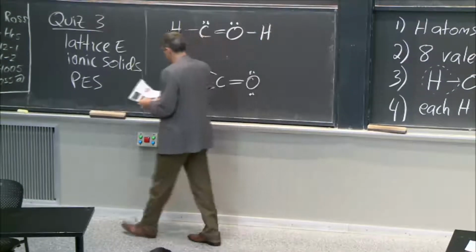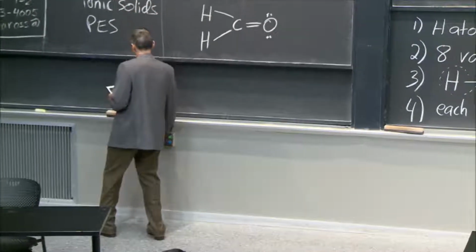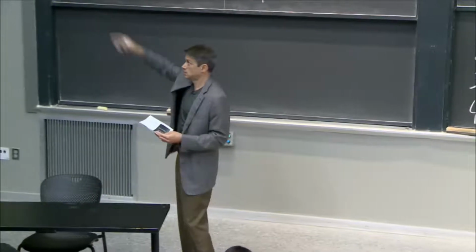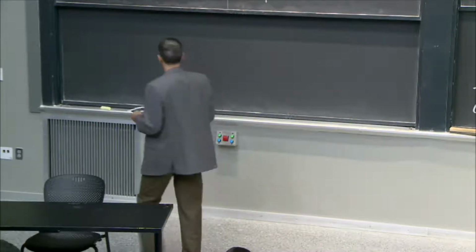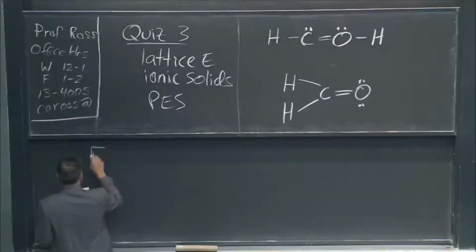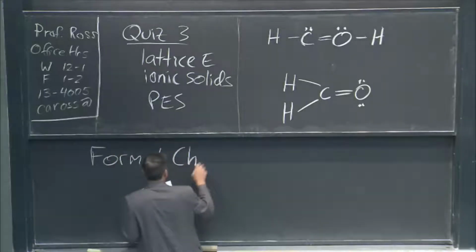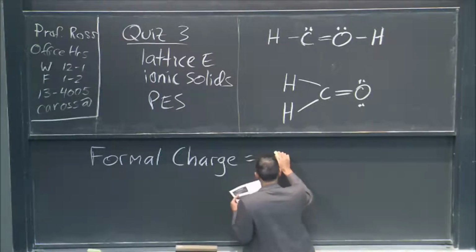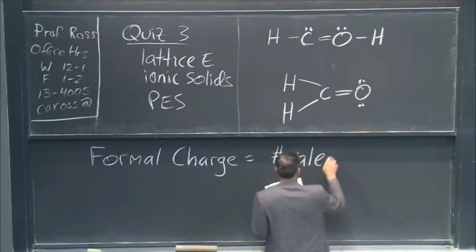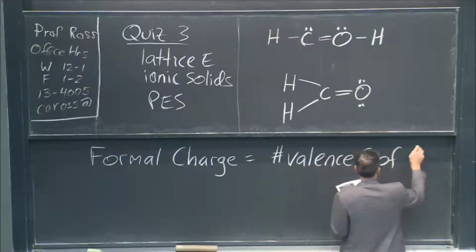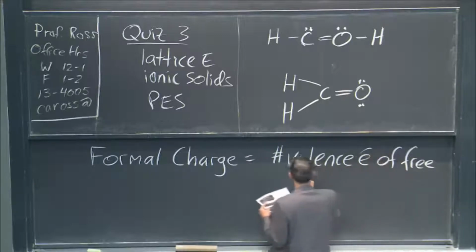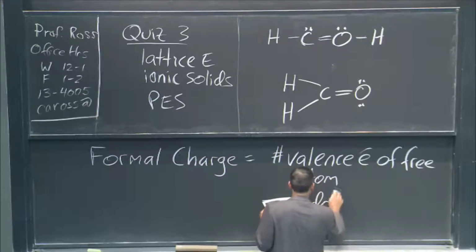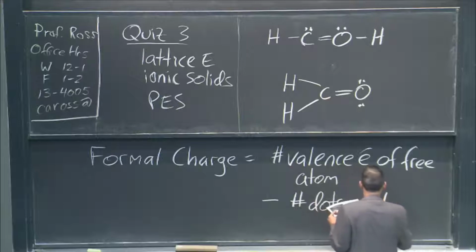Right? And so if I do that, let's write that. If I think about that, from my pictures, the formal charge is equal to the number of valence electrons of the free atom, that means the atom before it ever participated in a bond, minus the number of dots, minus the number of lines.